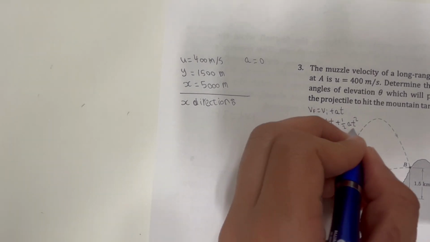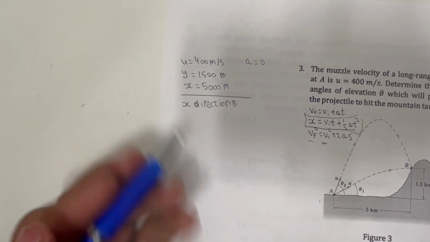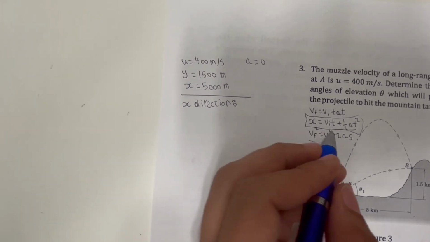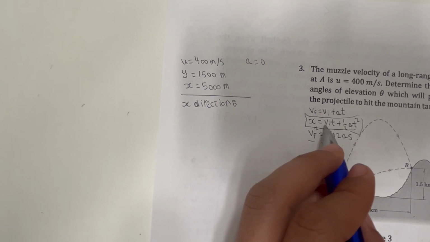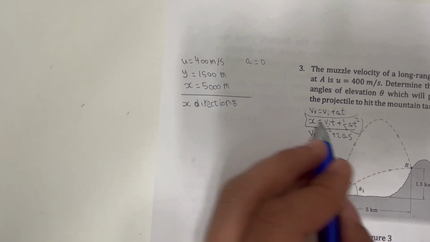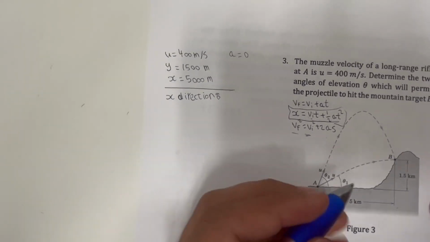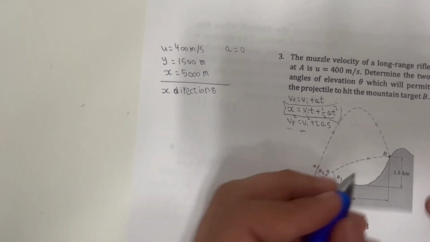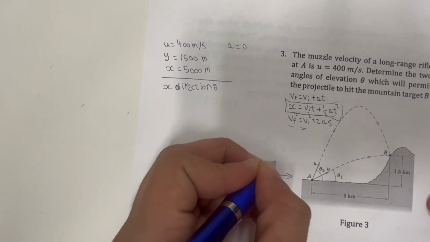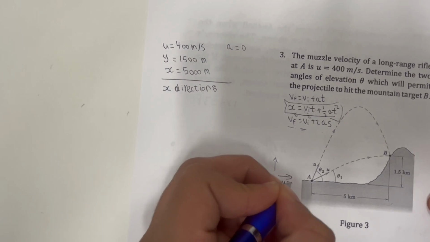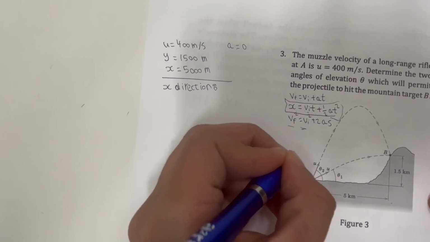So the best one to use is this one, because as I said, velocity is constant, so we don't need to get a v final. The only one missing that we have here is t. And here the v initial will have the components v cosine theta and v sine theta, as we mentioned in the last video. On any 2D problem, you're going to have 2 components, so u cosine theta and u sine theta.